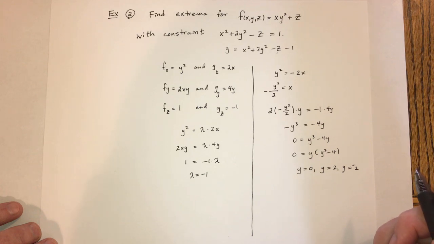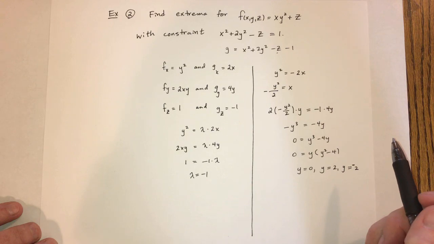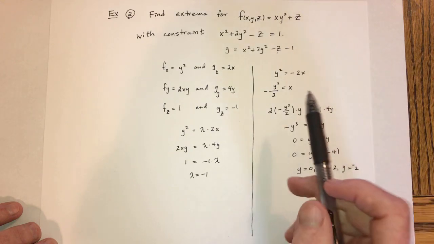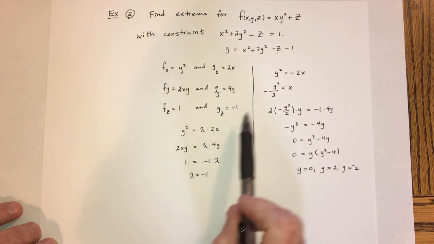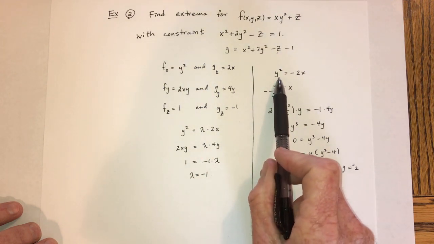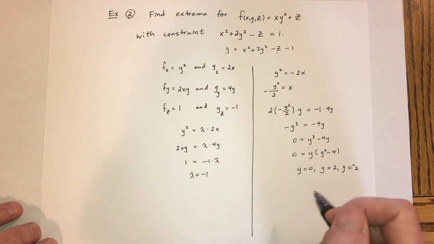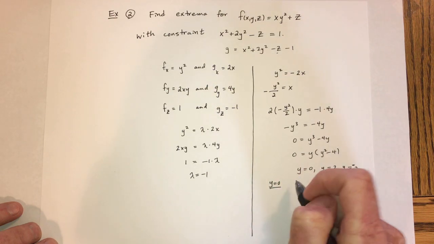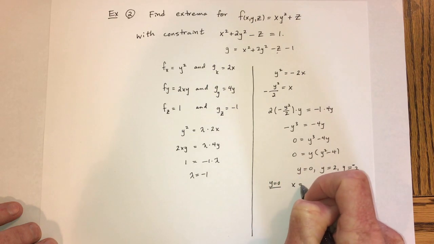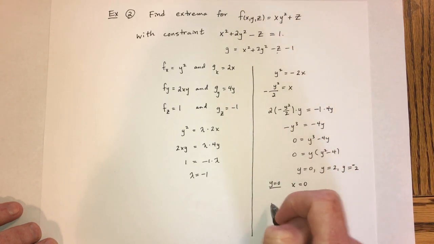And then what does x equal? So let's see. I suppose we could substitute those values into this one. I was just trying to see which equation is simplest, and I think it's this one right here. Or even this one. That's even better. So then just substitute those y values. So for y equals 0, then we're going to get x equals, so substitute a 0, and of course that's going to be 0.